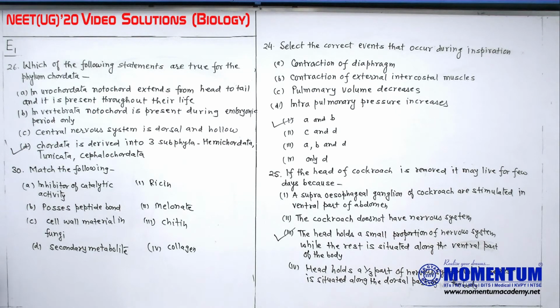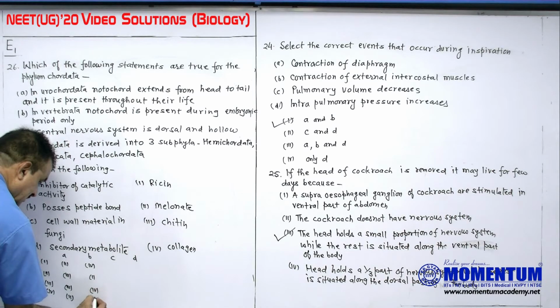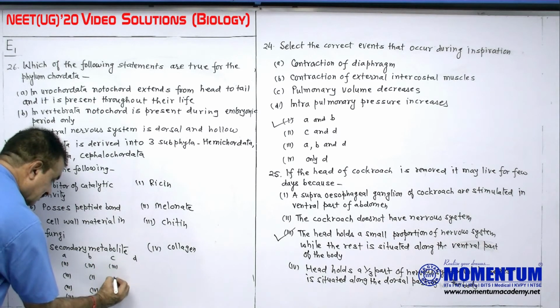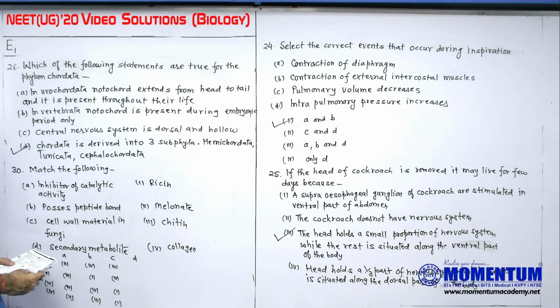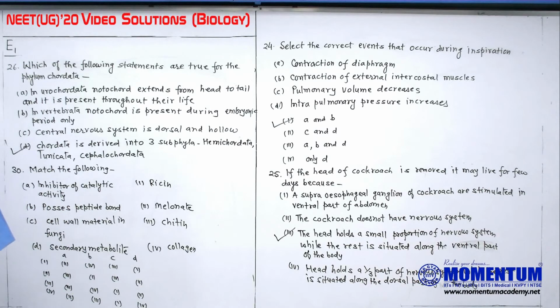The options are 1, 2, 3, 4. A, B, C, D: 2, 3, 3, 2; 2, 3, 3, 2; 4, 1, 4, 3; 3, 4, 1, 1; 1, 2, 2, 4.